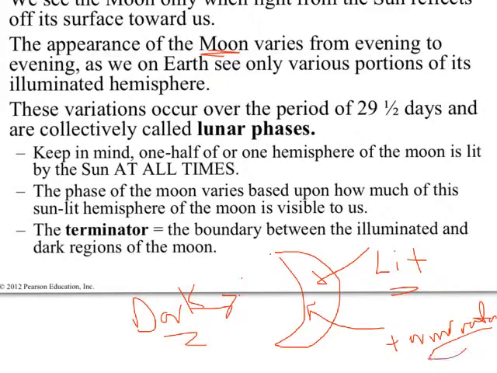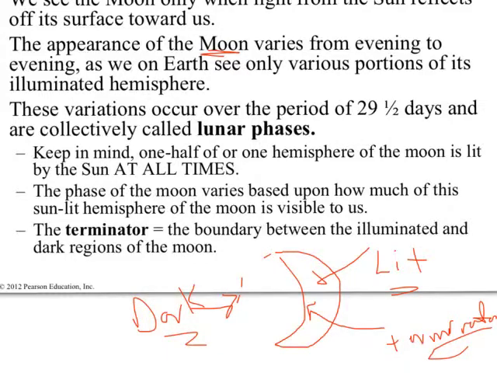If you're viewing the Moon with a telescope, that is a sweet spot to look, because you can see any craters or mountains there on the terminator. You get more of a sense of them, as part of them are shadowed and part of them are lit up. That's really cool.